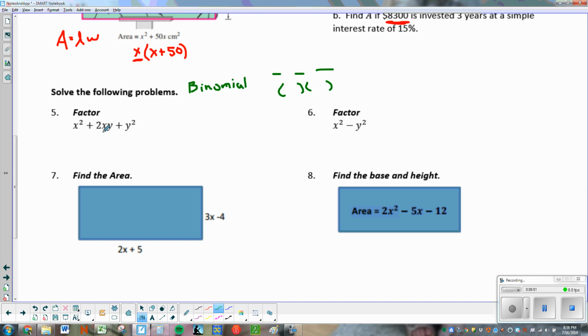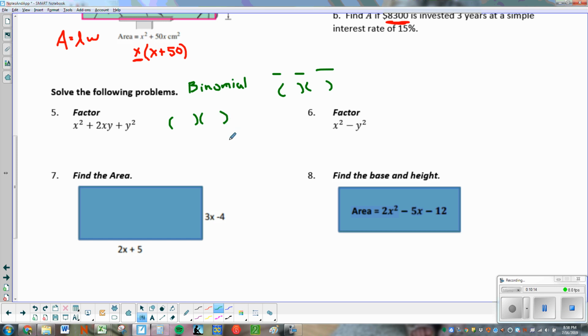We almost figure it out a little bit backwards, not really bottoms up per se. I just want to know what two things I would multiply together to give me this result.